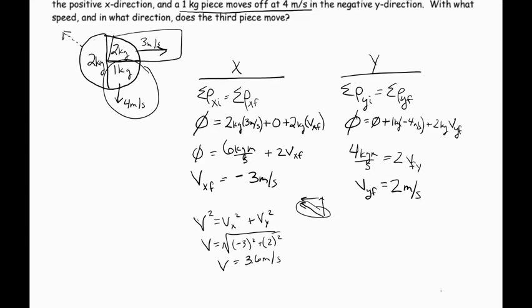And then I need to know the direction. Well, the direction is going to be my opposite, which is my x. So we're going to end up having our opposite over adjacent. So tan theta equals our opposite, which is going to be 2.